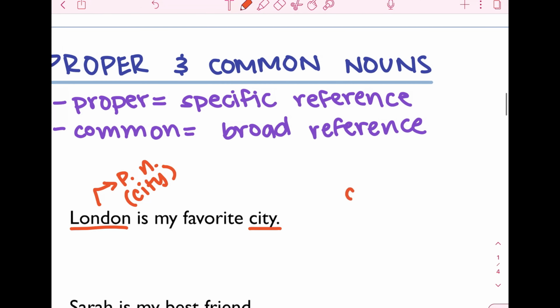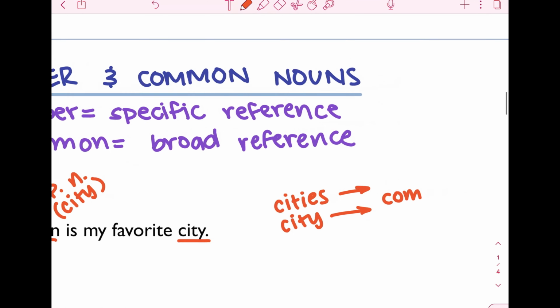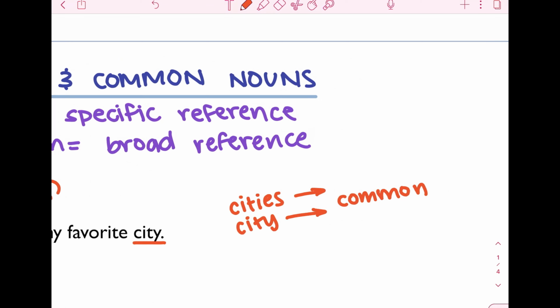Whereas on the other hand, if we had the word cities or city, this would be a common noun, because we aren't actually indicating anything in particular, it's just a broad range or a broad idea.